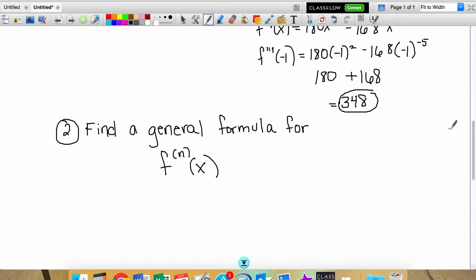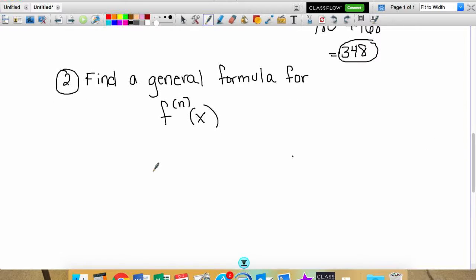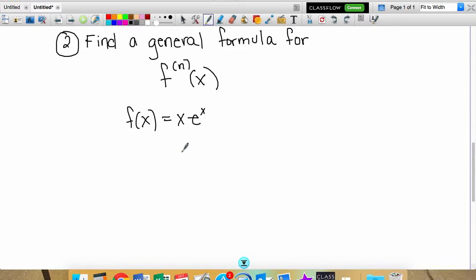So we want to find a general derivative for the nth derivative of f of x equals x e to the x. In order to do this, we need to look for a pattern. So we just start taking derivatives. So let's find the first derivative. This is a product, so we need to use the product rule.